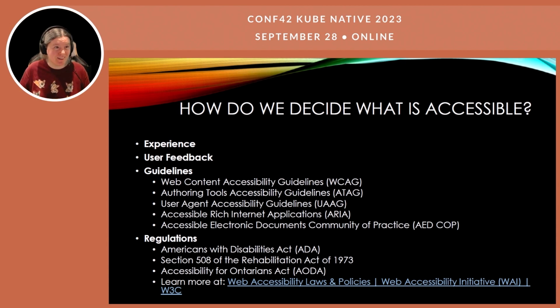Additionally, we have guidelines that we can use. Most notably are the different World Wide Web Consortium, or W3C, guidelines made by their Web Accessibility Initiative. The most known one, of course, amongst these is the WCAG, or the Web Content Accessibility Guidelines, which is currently in version 2.1.